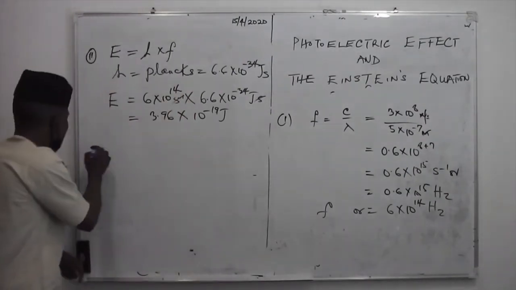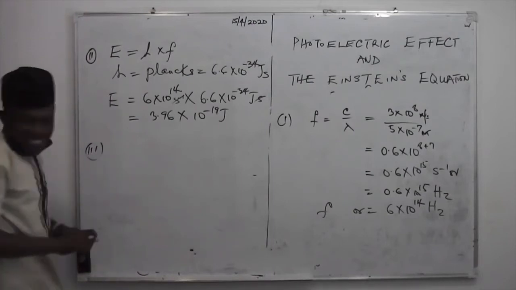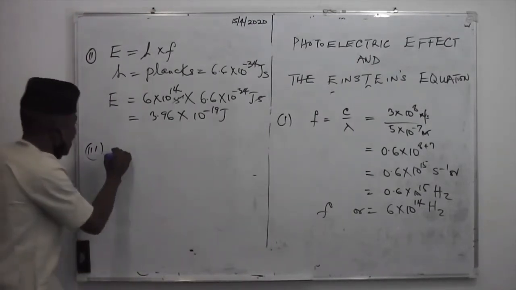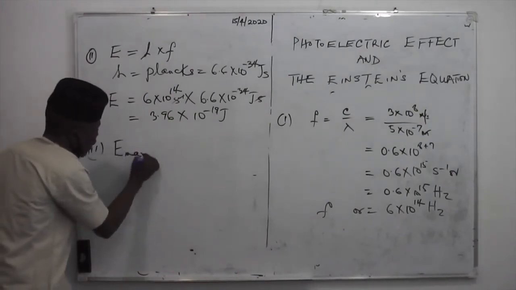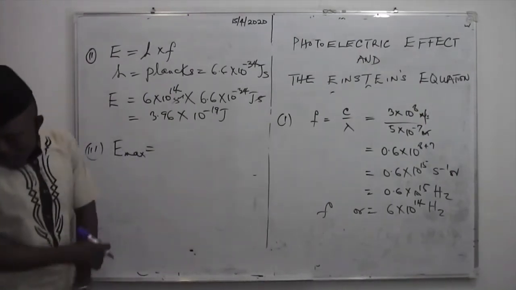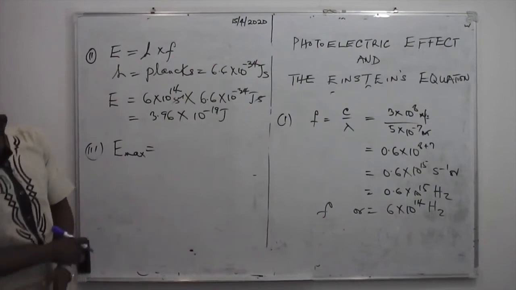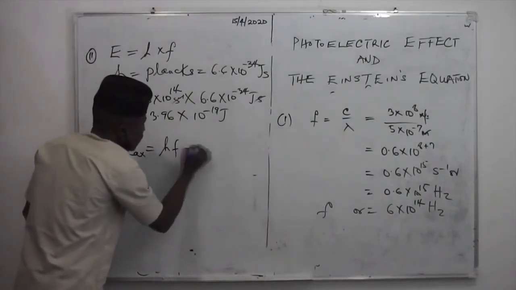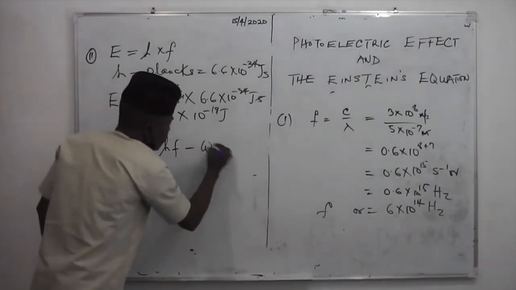So our last question makes use of Einstein's equation: E maximum, which we are looking for, the maximum kinetic energy of the photoelectron, equals the energy of the photon minus the work function.